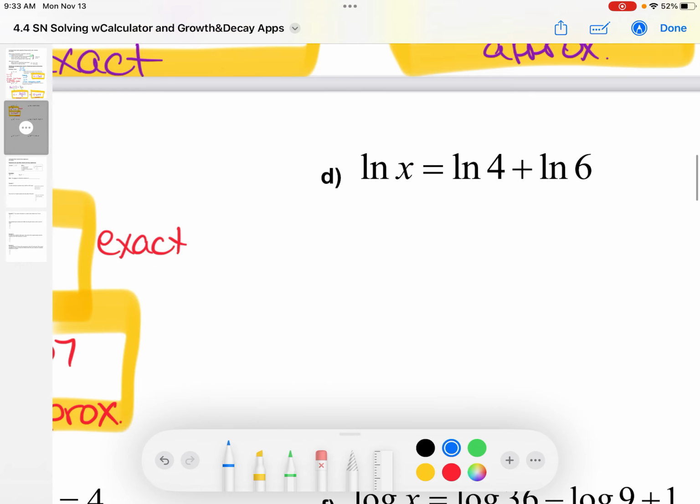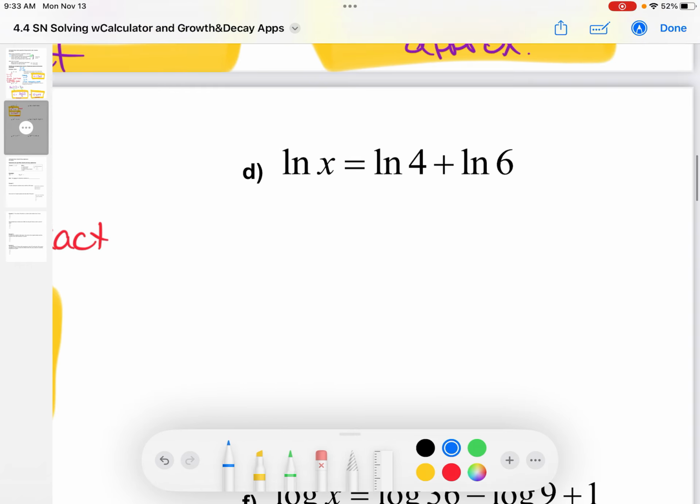So let's look at D. We have natural log of x equaling natural log of 4 plus natural log of 6. Condense this log first, as in write it as a single log. So natural log of x will stay. We have two separate logs being added. When we condense those, they multiply.